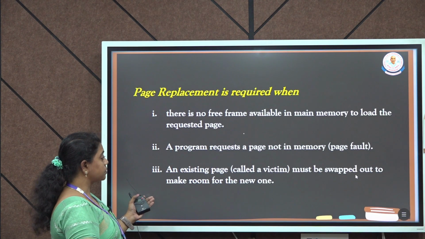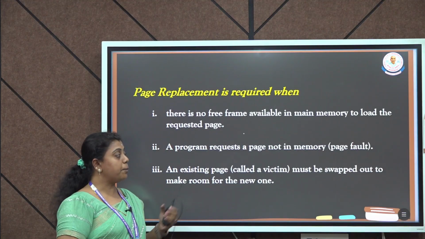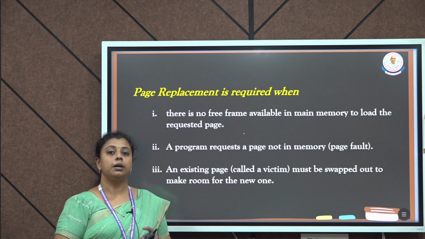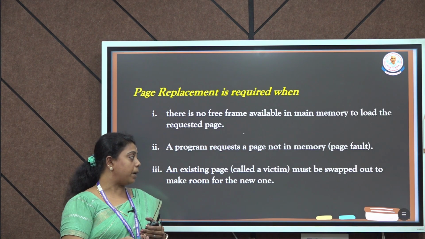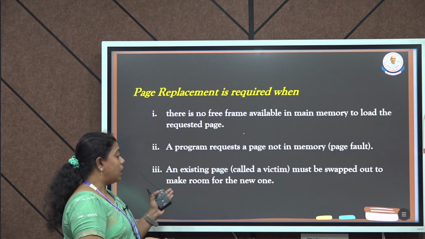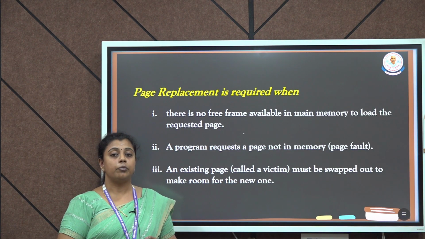Then in the third case, an existing page, a victim page, is no longer needed in the main memory; we can swap the existing page out and make room for the new page. In that case also we use the page replacement algorithms.